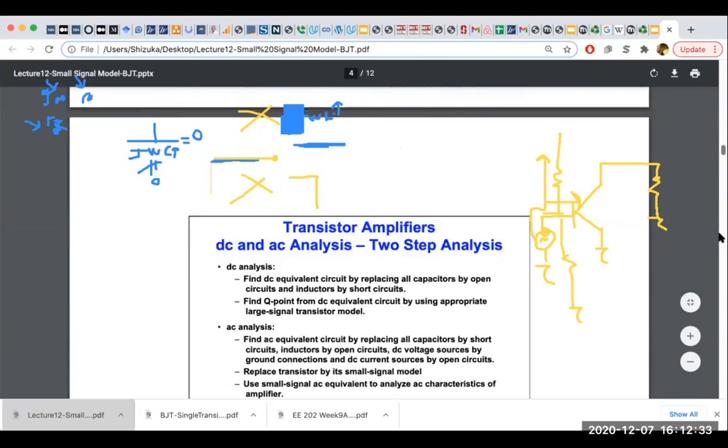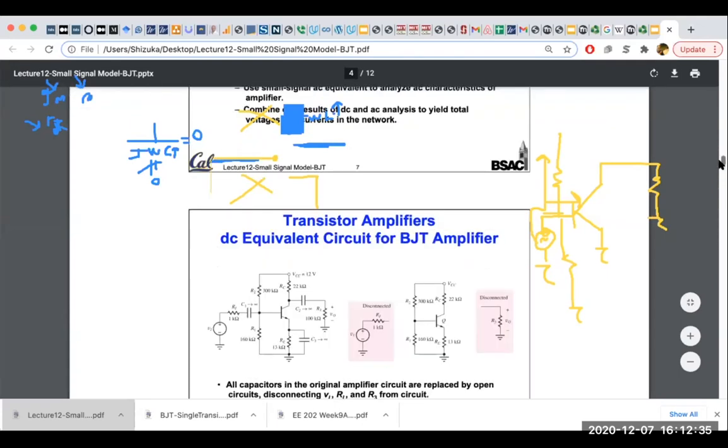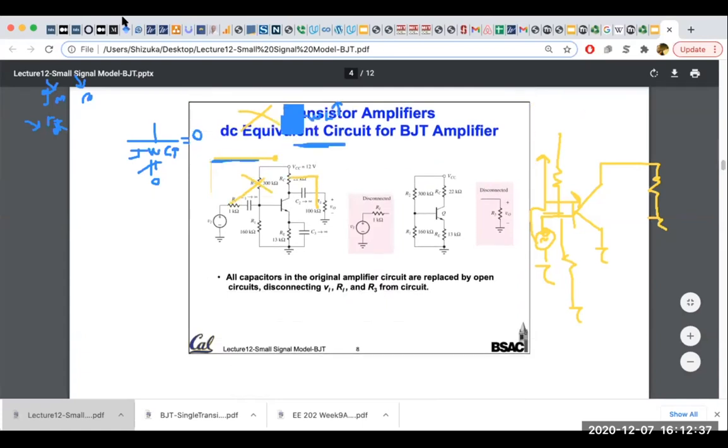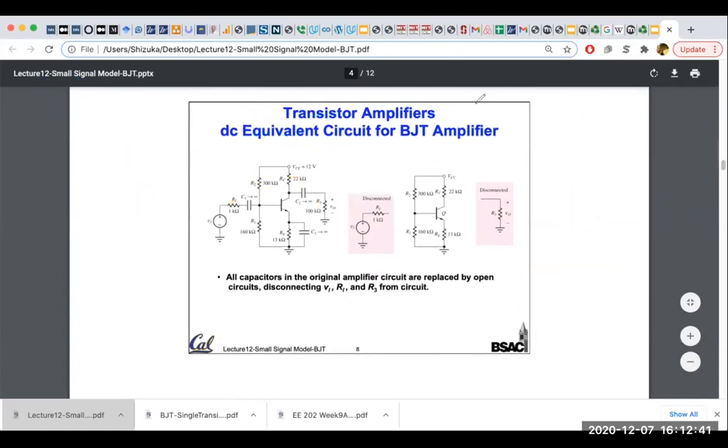So going to the summary here, I will summarize what I explained again, because these are new things, so that you will understand it. For the DC equivalent, you don't really care about your AC signal.